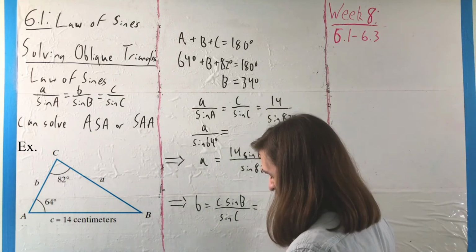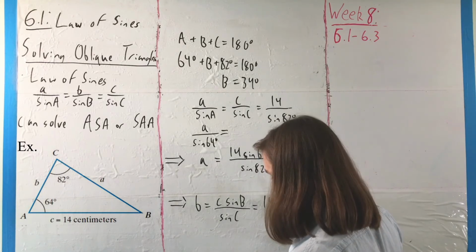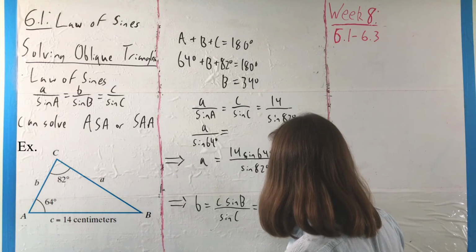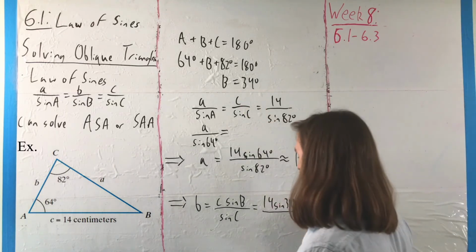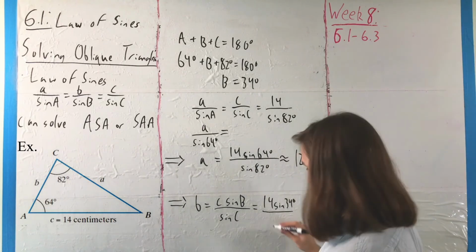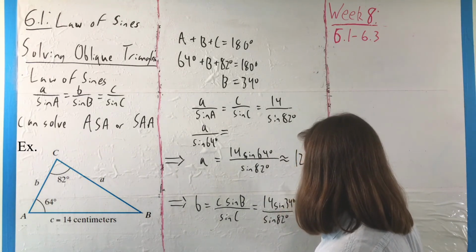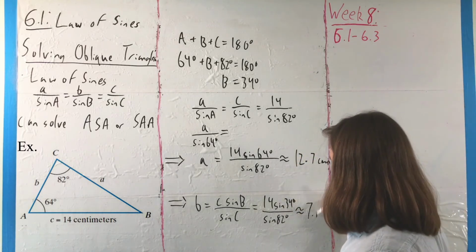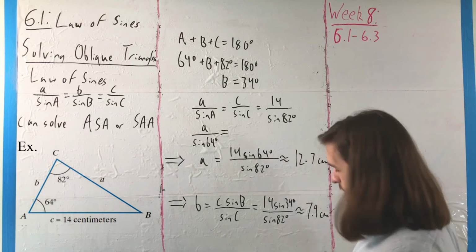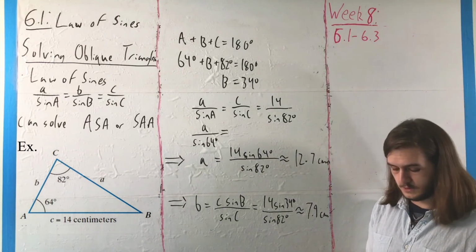But I'm doing it this way just to match with consistency for no good reason. We have 14 sine of 34 degrees, from that computation we did up there, divided by sine of 82 degrees again, which in this case will give an approximate value of 7.9 centimeters.